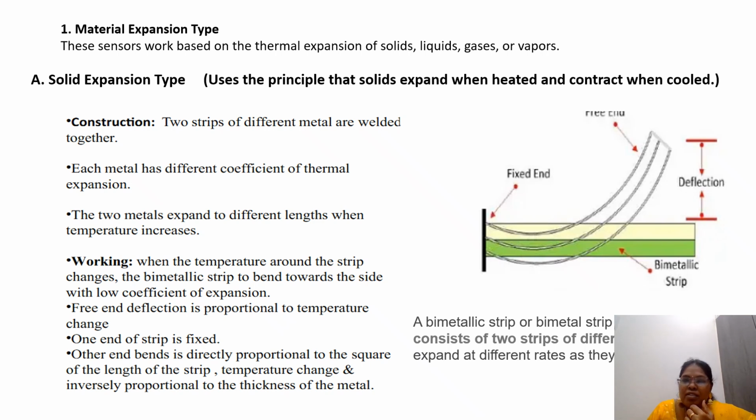This is the normal position, and from this position it gets deflected up to this. This deflection will be calibrated to the changes in the temperature. This method we call solid expansion. When a temperature is applied, some metal will bend from the original position, and how much it bends, that deflection will be calibrated to the temperature changes.